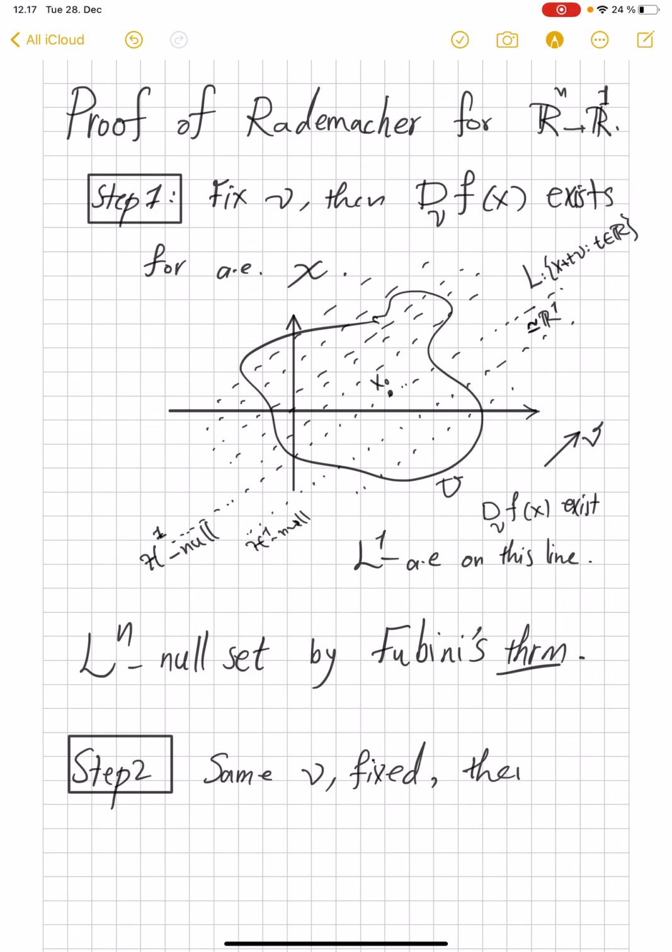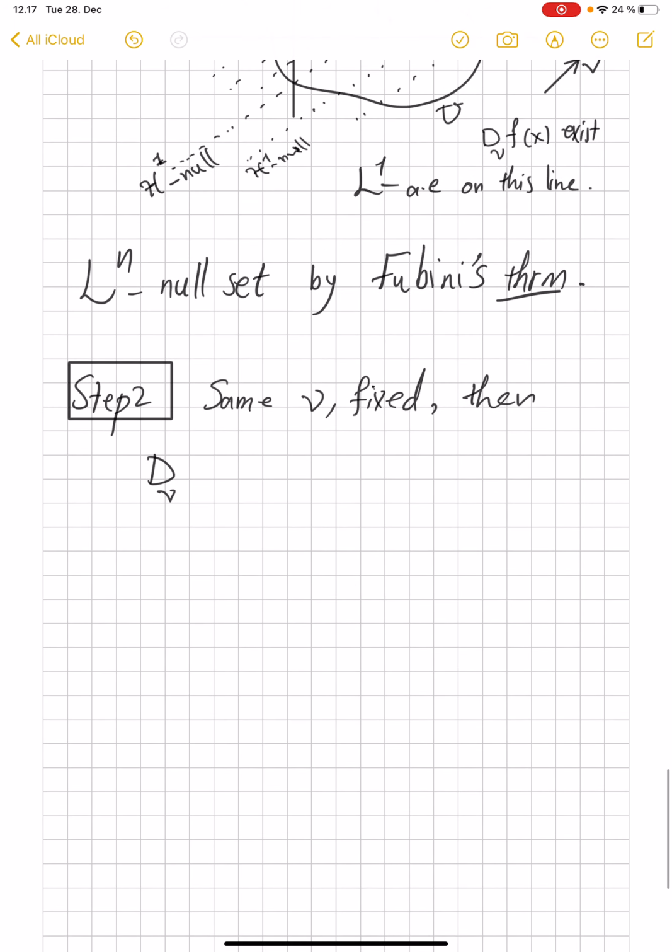Then the directional derivative in direction v of f at x is linear, which is a generic fact: when you have a linear map, this always happens.